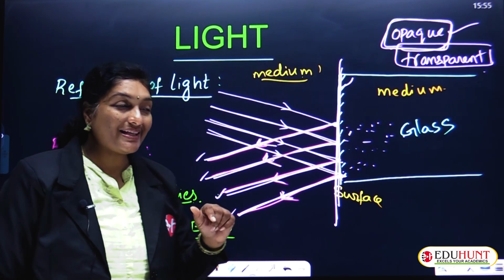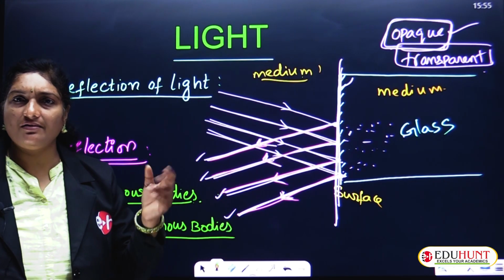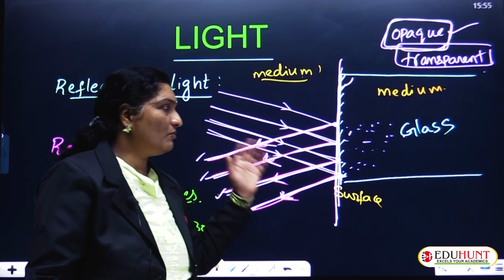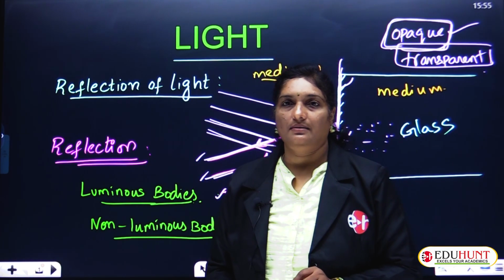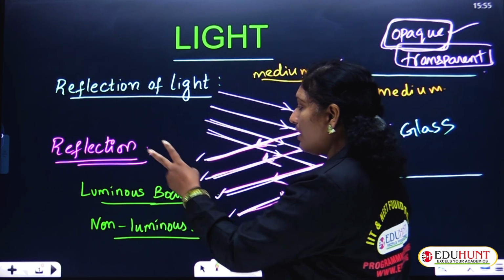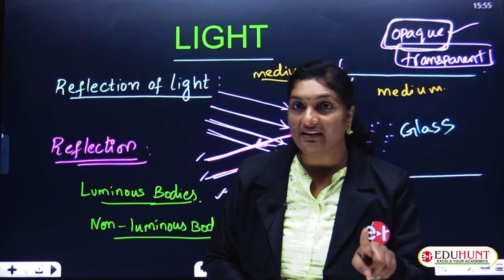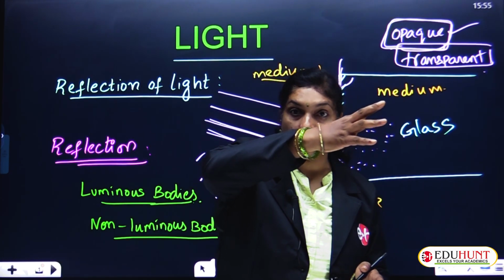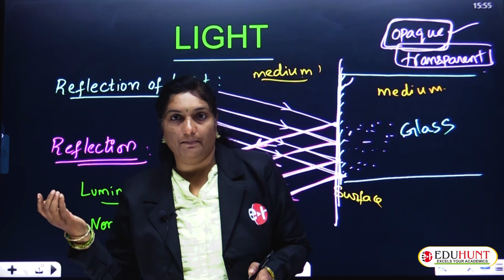What makes the difference is that non-luminous bodies are not directly seen. This board, this pen, the wall, everything are non-luminous bodies. That means we are able to see the board, the wall, the pen, the desk, the table, everything only when the light after falling on those objects is sent back to the same medium.